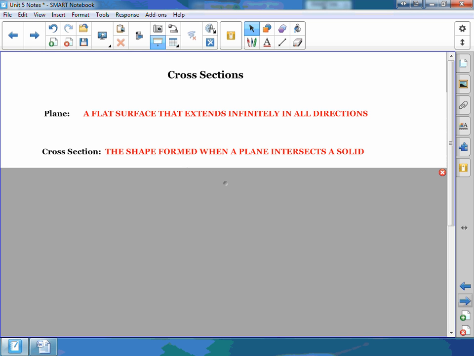The rest of us stand at this end, between Mrs. McDonald's room and Mr. Hines' room, and they just hold these two shapes up. Are we going to be able to tell from that distance that they're different? Probably not, because we lose that perspective. We're so far away that all we see is the outline, and both shapes would have the same rectangular outline. You wouldn't be able to tell.